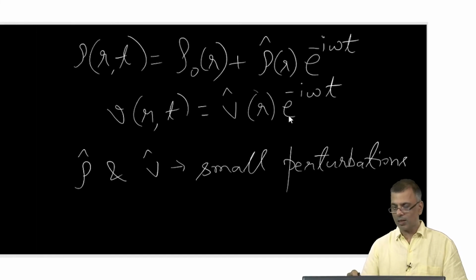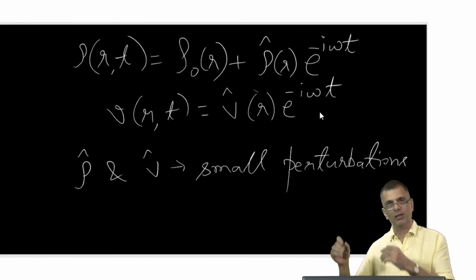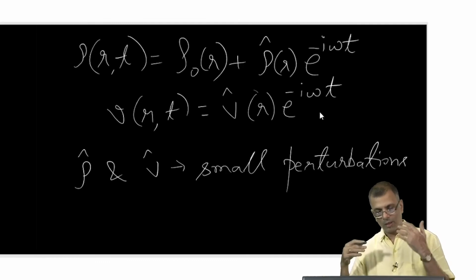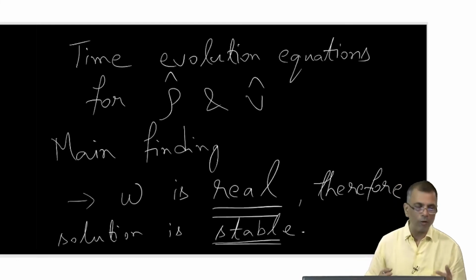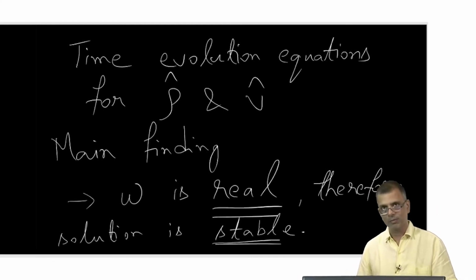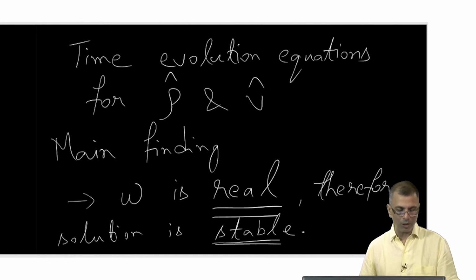Okay. It only oscillates, it does not grow with time. So, in that sense, these perturbations are stable, and so therefore, you can allow for a finite starting velocity. This is the main upshot of this discussion.